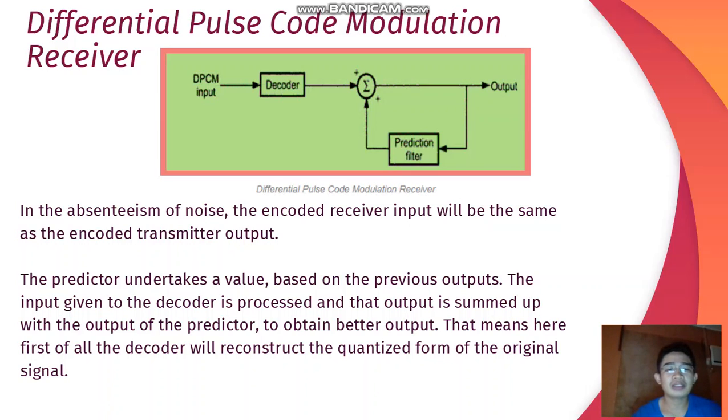The predictor assumes a value based on the previous outputs. The input given to the decoder is processed and summed up with the output of the predictor to obtain a better output. That means first of all the decoder will reconstruct the quantized form of the original signal.